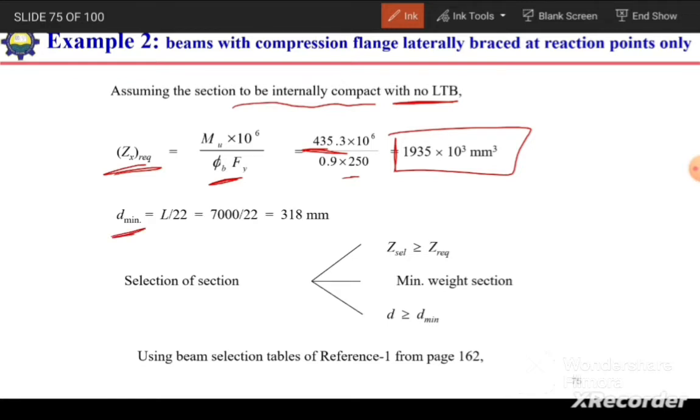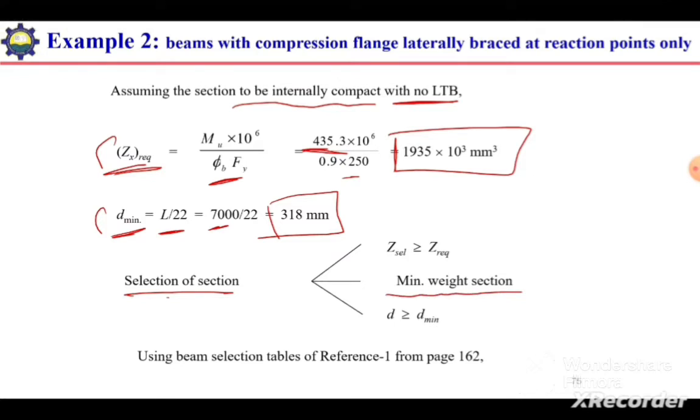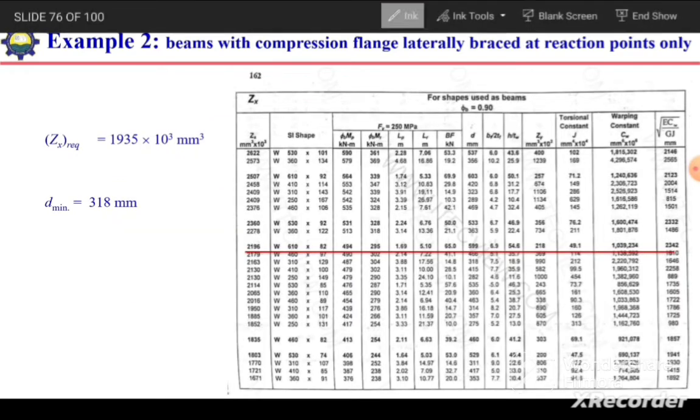Similarly, we need to calculate D minimum to select the section. For buildings it is L over 22, and L is 7 meter, so the D minimum comes out to be 318 millimeter. So based on this ZX and D minimum, we need to select the section having the minimum weight. So we can use the selection tables to select the required section.